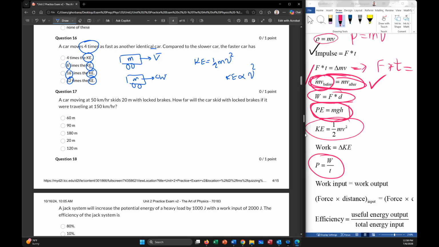If you 4 times the velocity, the kinetic energy is going to be 16. If you increase the velocity 5 times bigger, the kinetic energy is going to be how many times bigger? 25, yes. But here it is 4 times, so which one is the right answer then? 16 is the right answer.